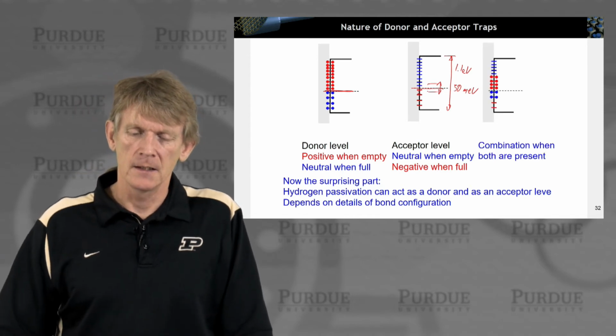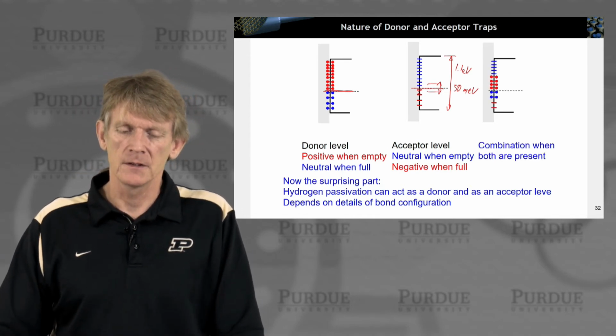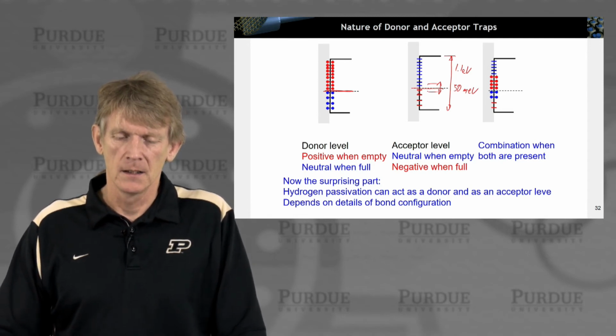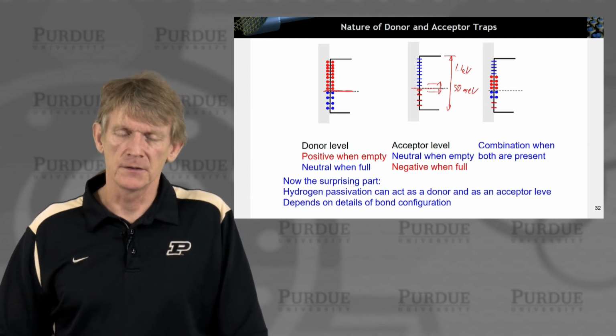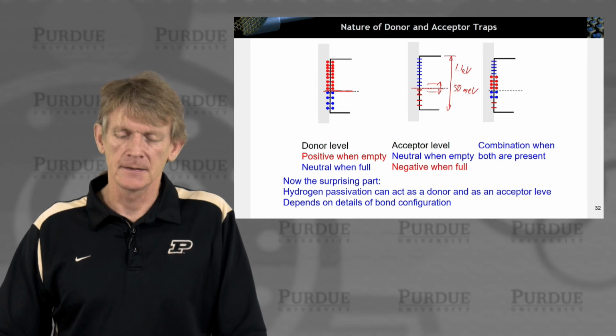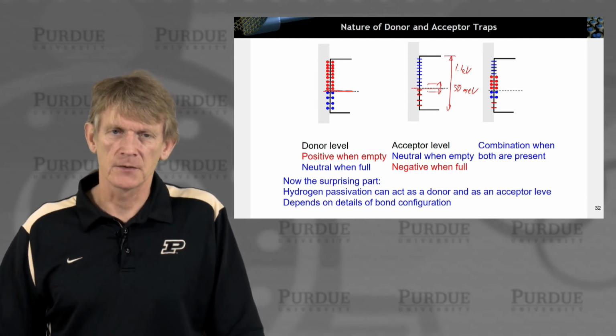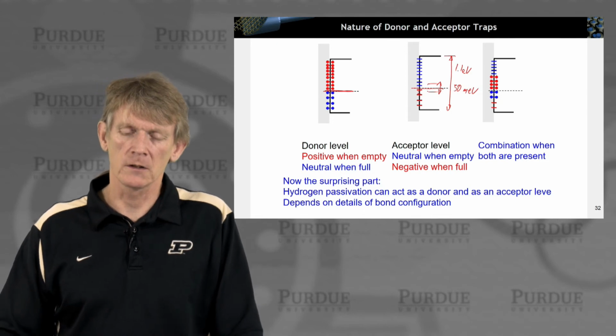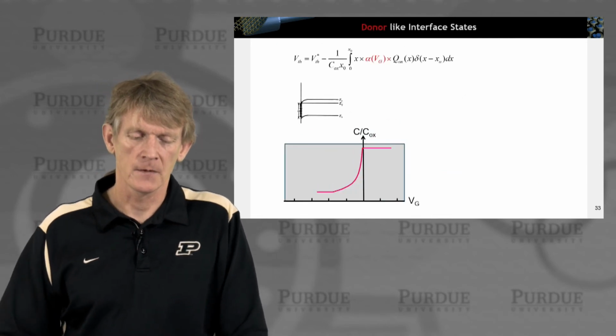And if you combine this, when both are present, you can see that there is a distribution of this charge across the Fermi level, and it makes for an interesting balancing and accounting of those charges. And we'll step through this slowly.